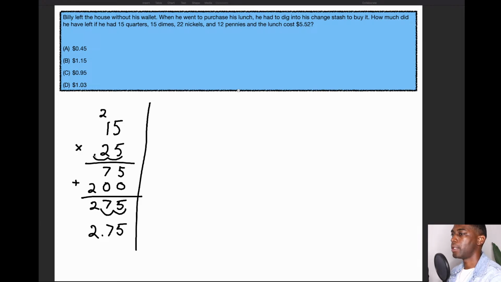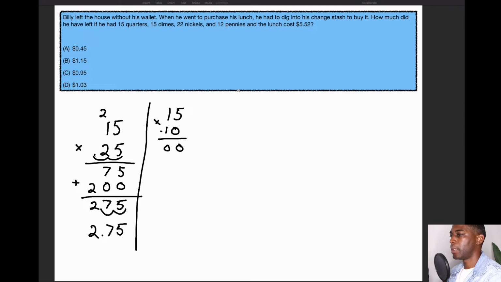All right, let's talk about the dimes. He had 15 dimes, and each dime is worth 10 cents. Then we multiply. Literally, we could just take the 1 0 and add it to the right of the 15. However, for the sake of things, 0 times 5 is 0. 0 times 1 is 0.